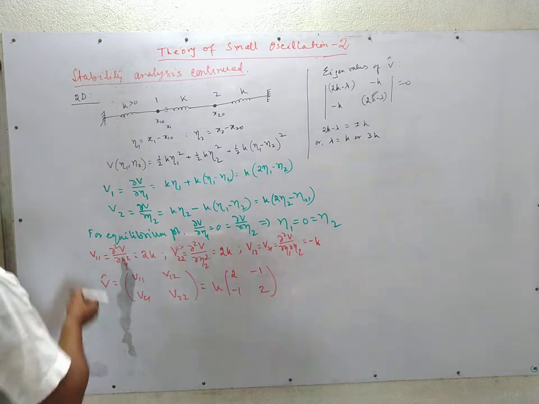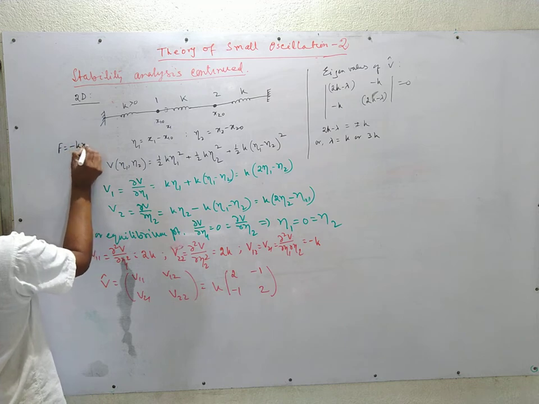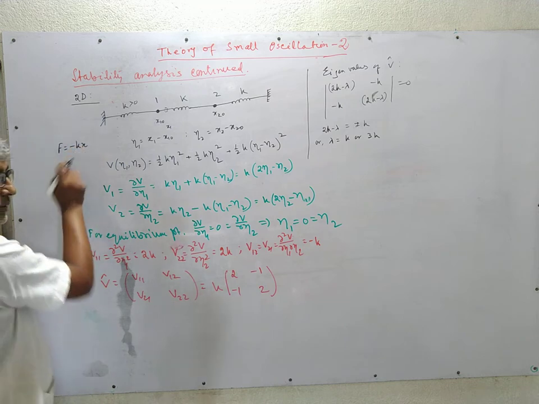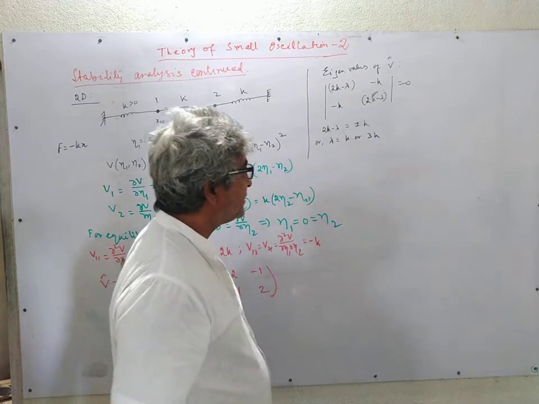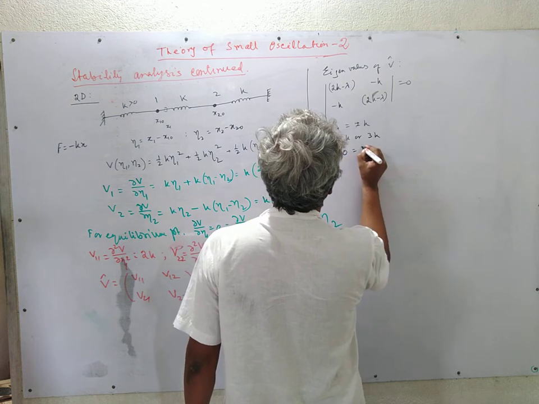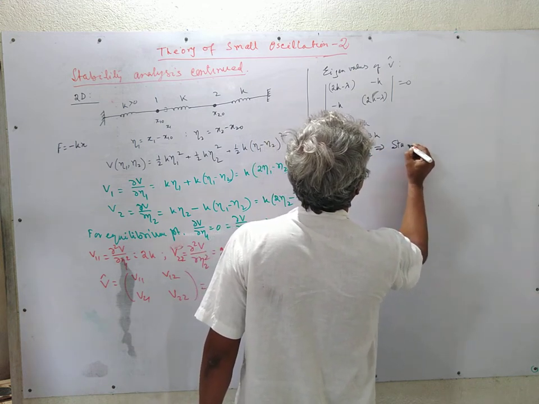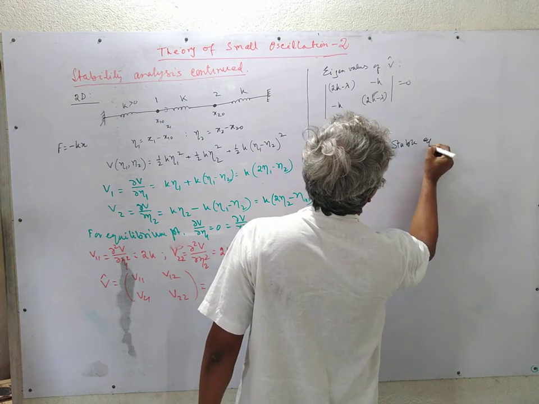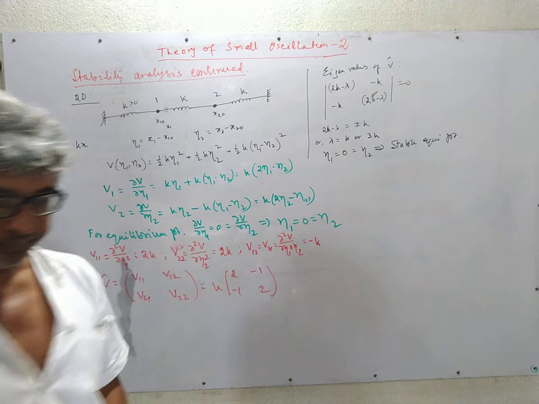Or in other words, the restoring force F is equal to minus Kx. So K is a positive quantity, which shows that each of the eigenvalues is positive. So eta 1 equal to 0 equal to eta 2 is a stable equilibrium point of the system.